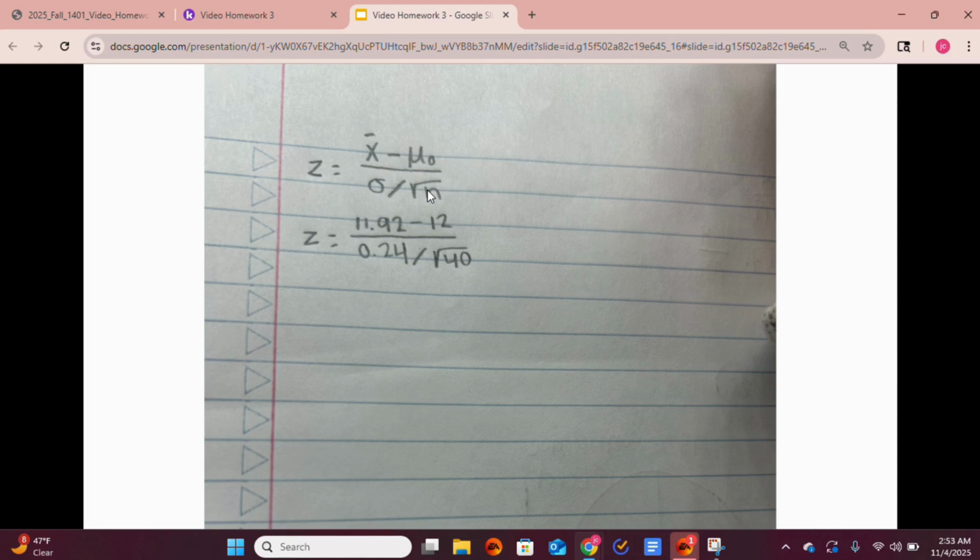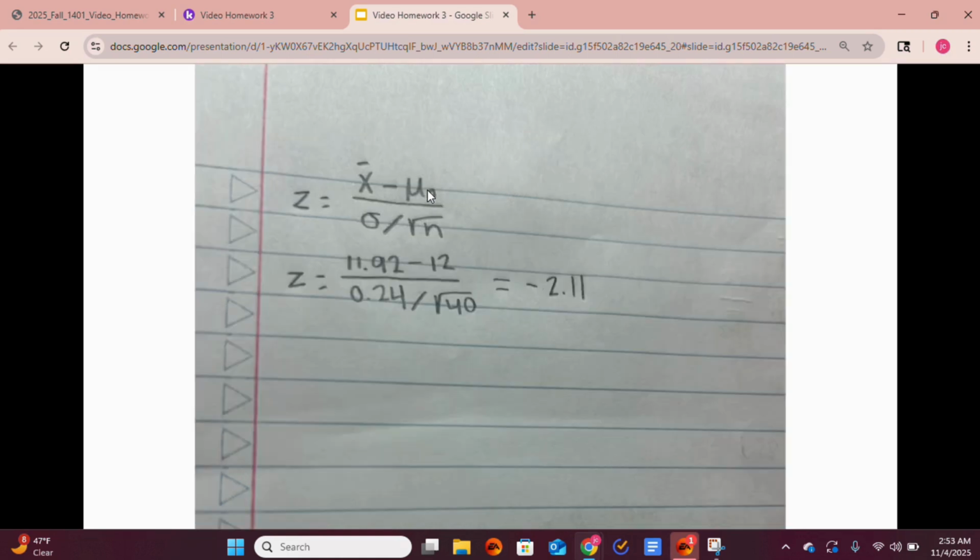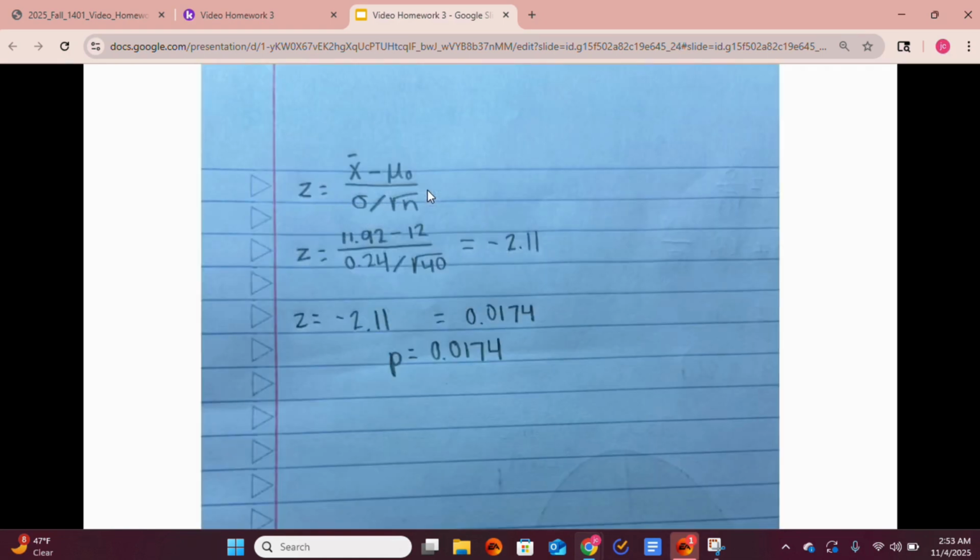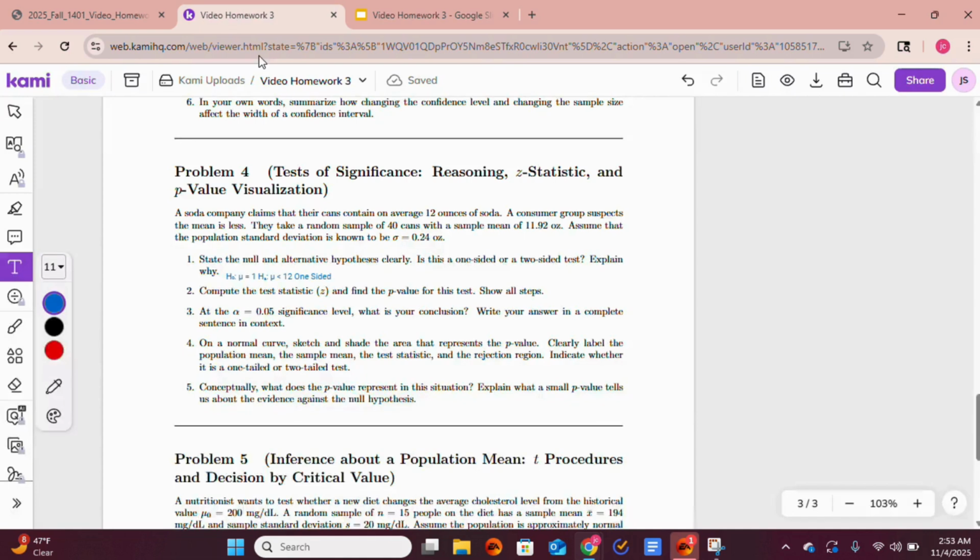When we plug in these numbers, the equation looks like z equals 11.92 minus 12 over 0.24 divided by the square root of 40. When we calculate that, we get negative 2.11. When we find negative 2.11 in the z table, we get 0.0174. So our p would be 0.0174.